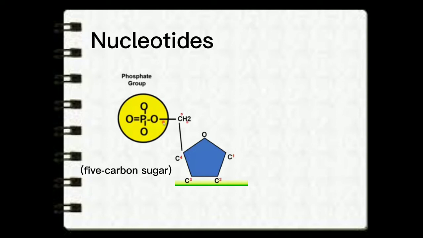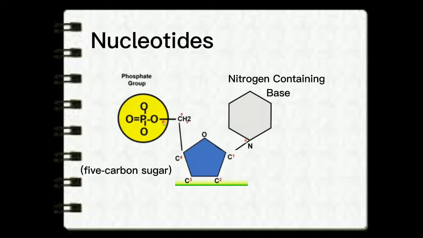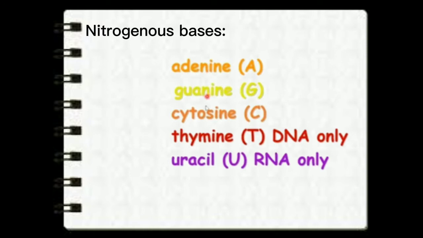Attached to the sugar is a nitrogen-containing base made up of 1 or 2 rings. The sugar and the phosphate are the same in all nucleotides. The nitrogenous base will only vary, because there are 5 types: adenine, guanine, cytosine, thymine, and uracil. Thymine is only found in DNA, while uracil is only found in RNA.